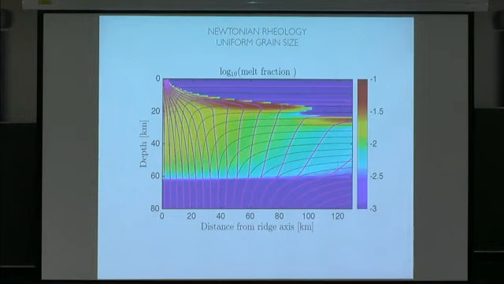Along the bottom we have distance from the ridge axis, we have depth, the black shows the streamlines for the mantle, the purple shows the streamlines for the melt, and the colour is log base 10 of melt fraction, so this is 10% and this is 1/10 of a percent.